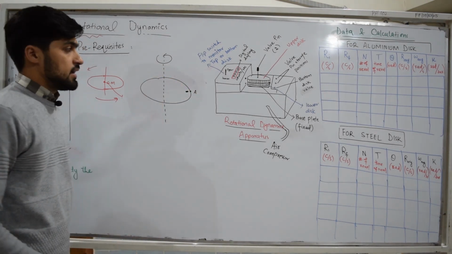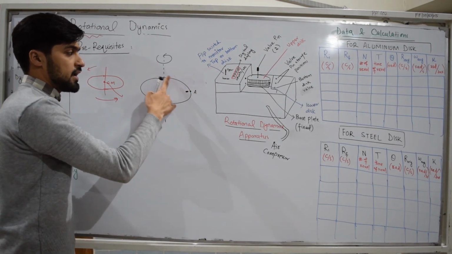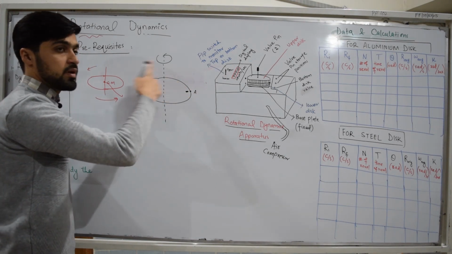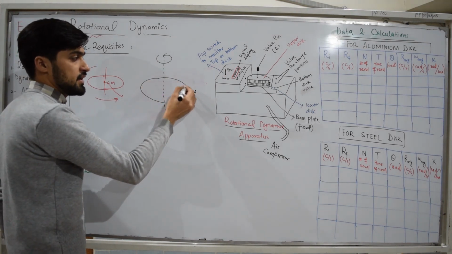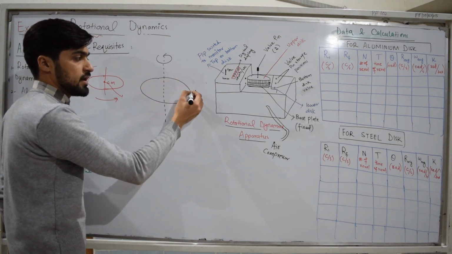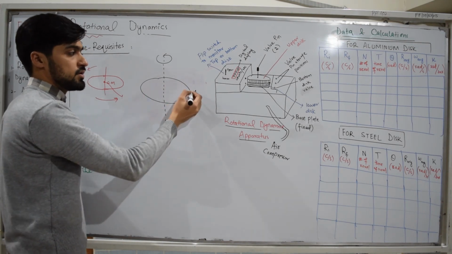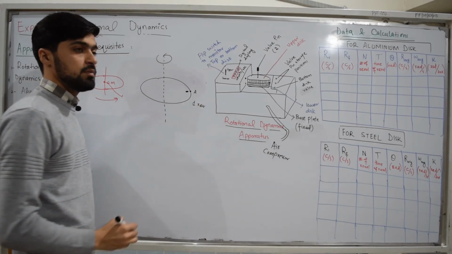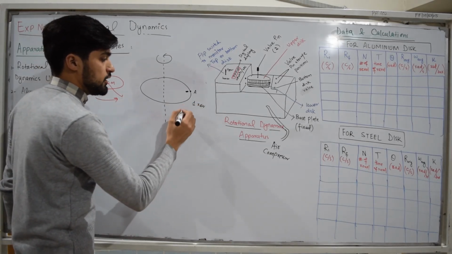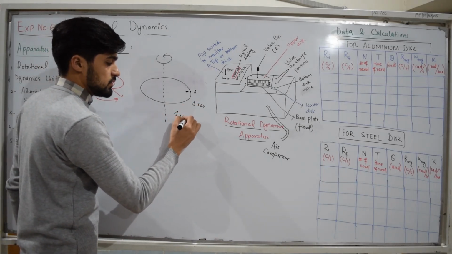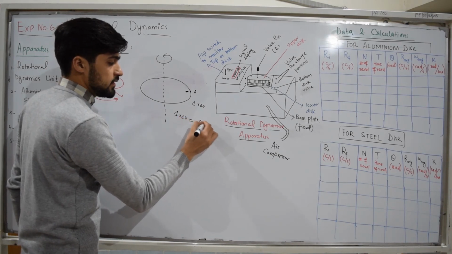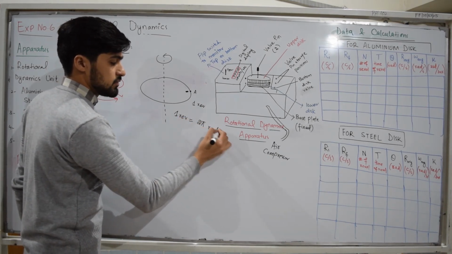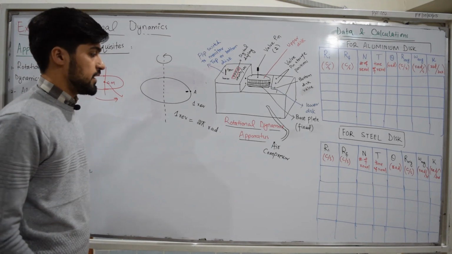If the disk starts at point A and completes one revolution, coming back towards point A, that is one revolution. One revolution is equal to 2 pi radians.